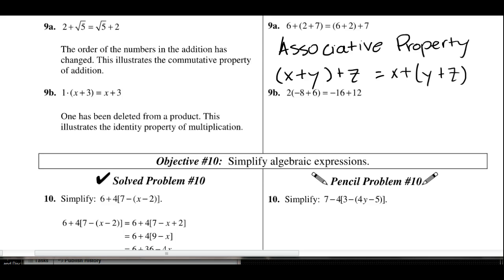But how did you get to one from the other? Well, what happened here was they took 2 times negative 8 plus 6, and we multiplied across. So we did 2 times negative 8, and then we did 2 times 6. And that gave us 2 times negative 8 equals negative 16, and 2 times 6 equals 12.